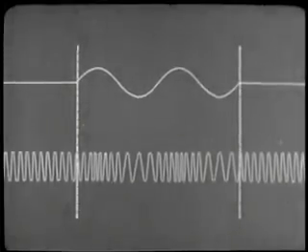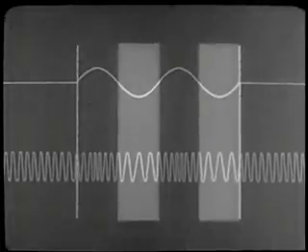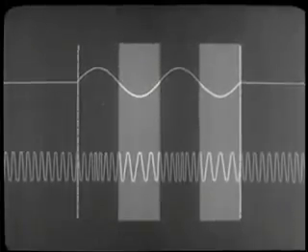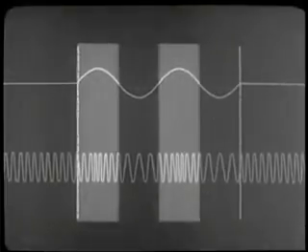Now let's see what this has done to the carrier. As before, the carrier responded to the amplitude of the negative half cycle by dropping below rest frequency, and the carrier responded to the amplitude of the positive half cycles by rising above rest frequency.